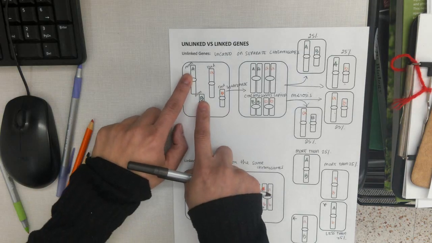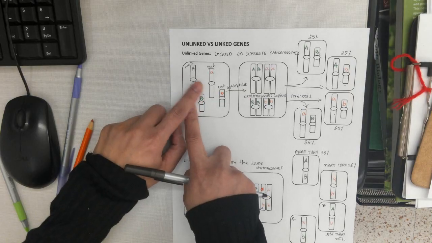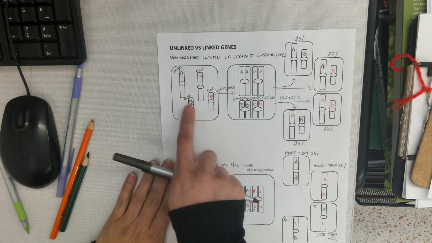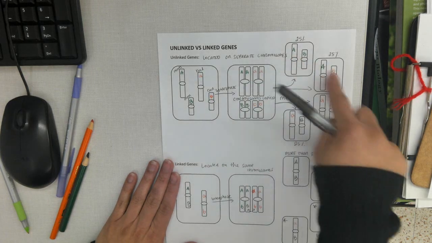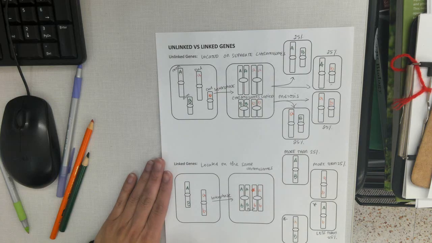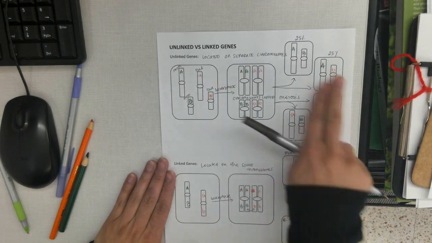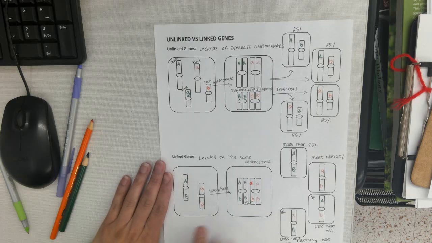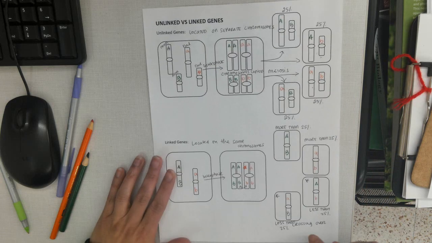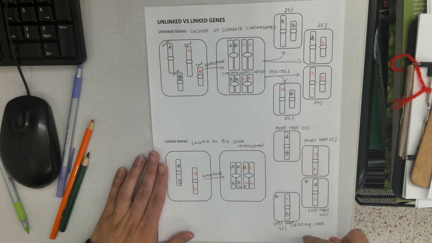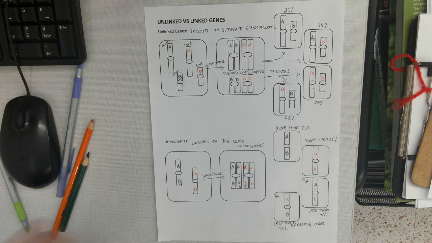Instead of the genes being on separate chromosomes, because if they were on separate chromosomes, each gamete or sex cell would have an equal opportunity of having any of these combinations. But the fact that A and B are not on separate chromosomes, they're on the same chromosome, and because of crossing over, there's a difference in how the gametes spread out the information.